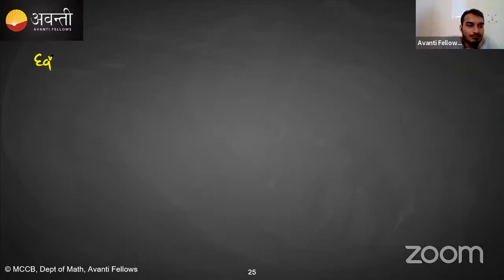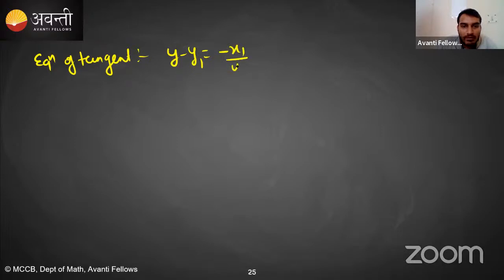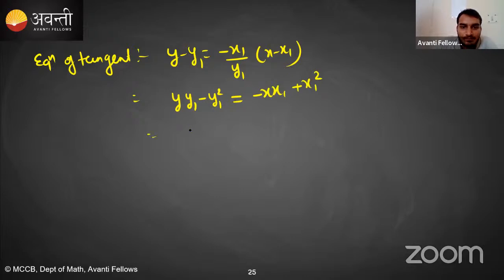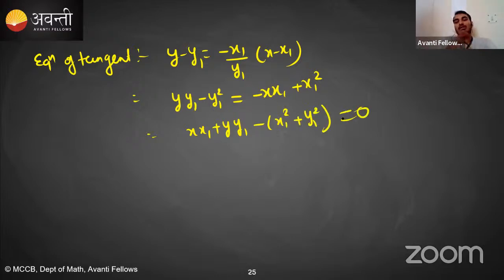So the equation of the tangent is y − y1 equal to the slope, which is −x1 upon y1, into (x − x1). Simplify this and you will get y·y1 − y1² = −x·x1 + x1². Taking everything on the left hand side, x·x1 + y·y1 − x1² − y1² = 0.